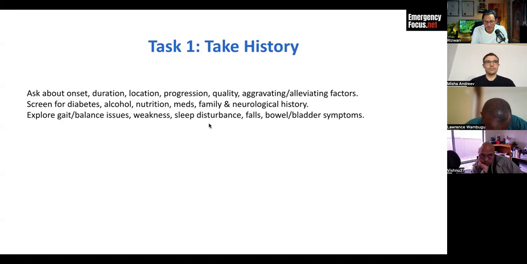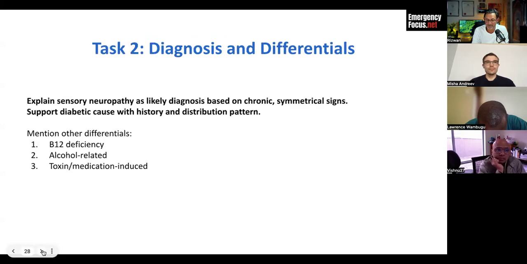Okay. You also need to explore, because it's not just about establishing the facts, but also the quality of life which has been compromised. So again, his balance issues, he's at risk of falls, he might be living alone, he's obviously not sleeping well, so daytime somnolence, and there might be bladder and bowel symptoms as well, which are associated with diabetes.